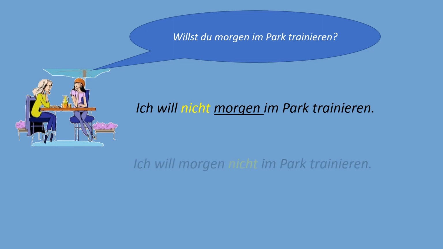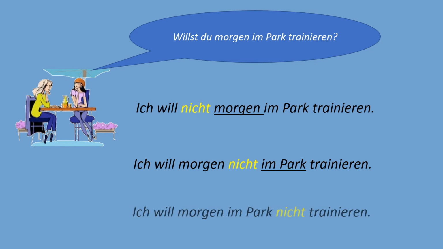Okay, the second girl may answer saying this sentence, Ich will morgen nicht im Park trainieren. So what is the meaning of this sentence? Now we put nicht in front of the place. That means the girl says, I want to practice tomorrow, but not in the park. So that's why we talk about different places. So the first girl may ask then, where? So what is the place you would like to practice in?